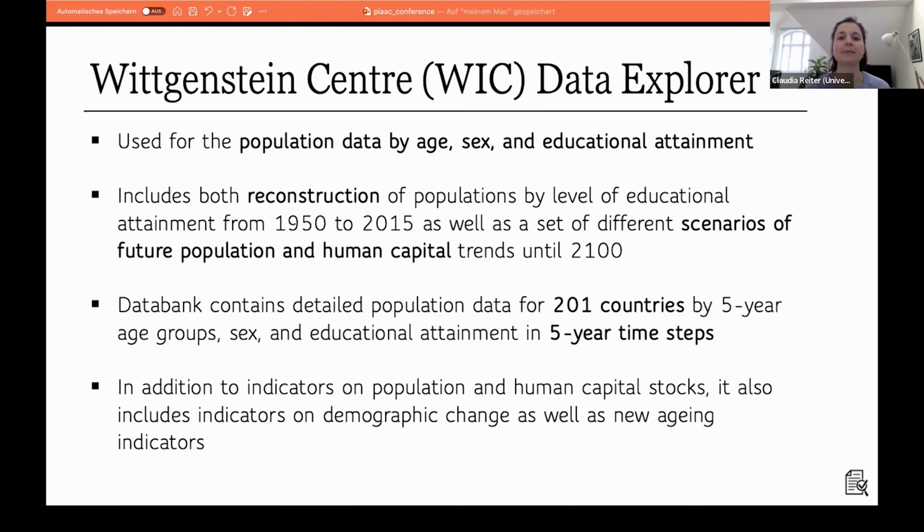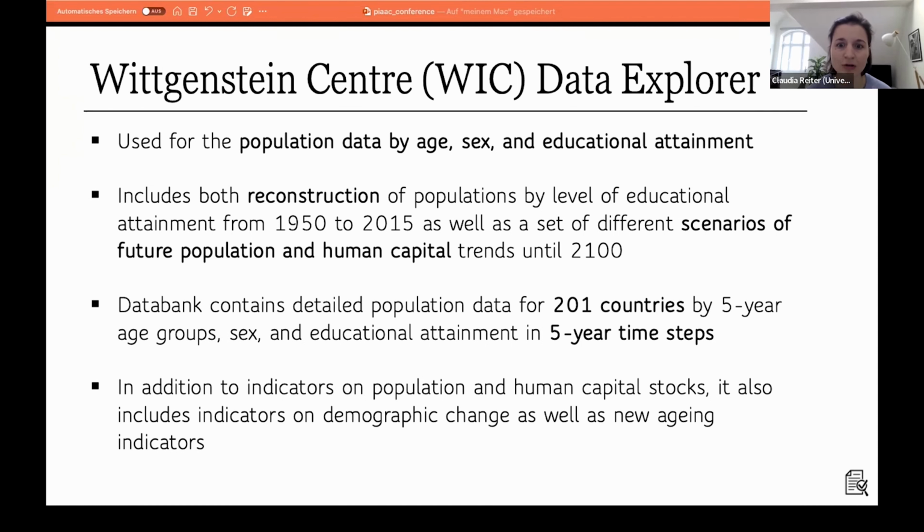And for the population data by age, sex, and educational attainment, I used the Wittgenstein Center Data Explorer data, so data from my own institute. This is basically a very full data bank that first of all includes reconstruction of populations by level of educational attainment going back until 1950 for 200 or more countries of the world, but it also includes different scenarios of future population and human capital trends until 2100.